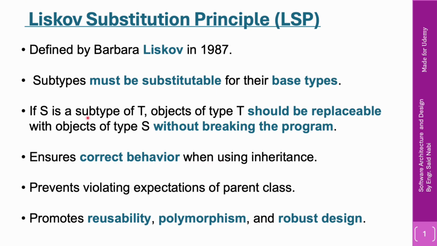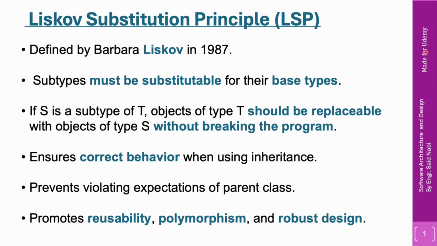So why does it matter? Because it ensures the correct behavior with inheritance, and promotes polymorphism, reusability, and robust design, and also prevents bugs caused by inappropriate subclassing. If we take an example from the real world, let's say we have a system in which we have a base class user, and that base class can have subtypes like free user and premium user, and anywhere the system expects a user, it can handle free user or premium user seamlessly.